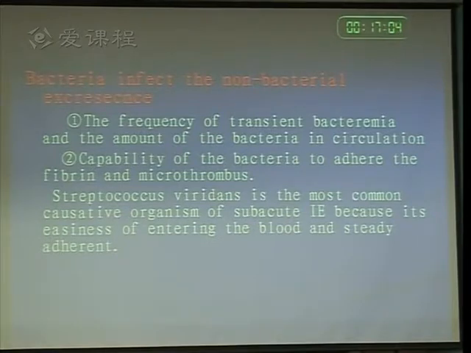That depends on the frequency of the transient bacteremia, the amount of the bacteria in circulation, and the capability of the bacteria to adhere to the fibrin and the platelets. As we know, the Streptococcus viridans is the most common causative organism of subacute IE because it easily enters the blood and steadily adheres.